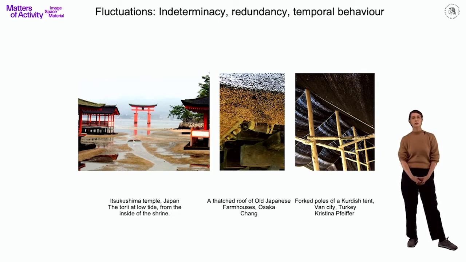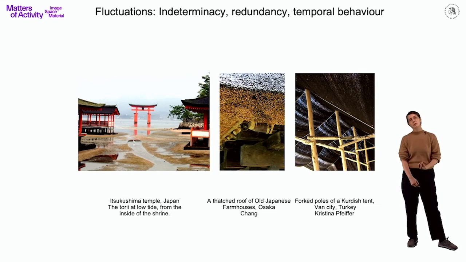It's an indeterminate large number of straw fibers that create a boundary that works more in the manner of a material threshold than a barrier. The black tent is also an interesting example, where a woven fabric of goat's wool is porous in the dry weather and waterproof when it rains, thanks to the swelling behavior of the fibers.